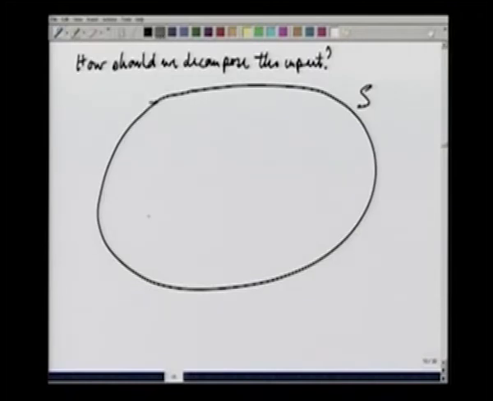This could be one preserved class, this could be another preserved class, this could be a third preserved class, and so on until, say, this is another preserved class.